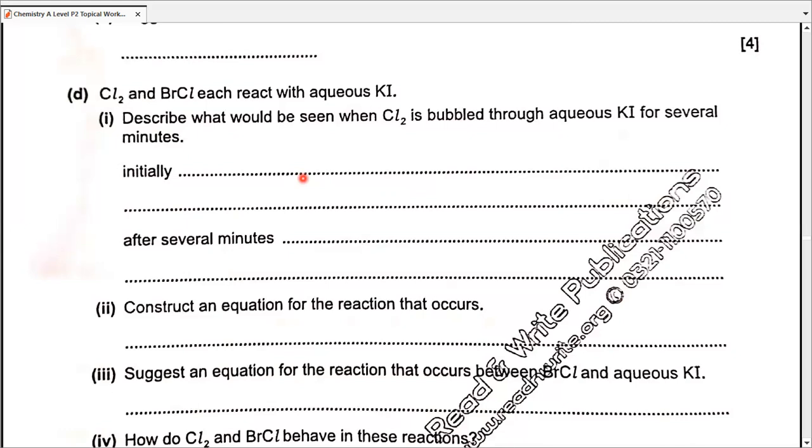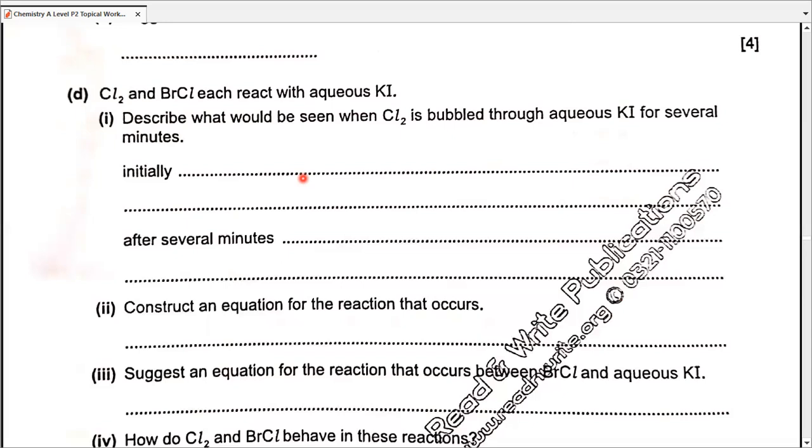KCl is soluble, iodine, and then purple vapor after several minutes. Purple vapor. What do you think is happening over there?